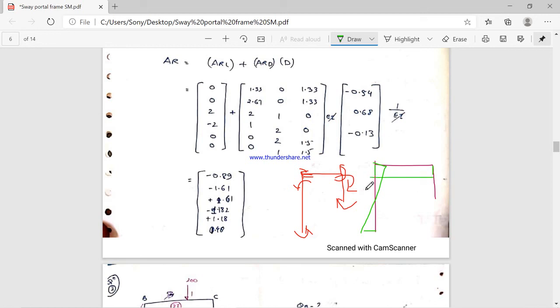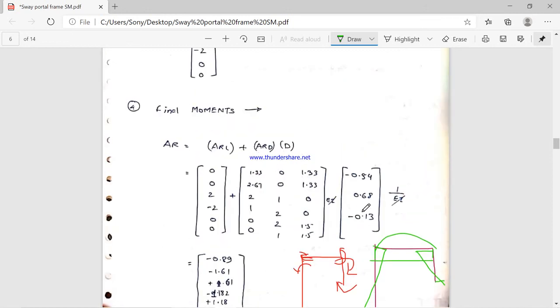The diagram will be like this, and the UDL moment WL square by 8 we have to calculate here. So the bending moment diagram will be like this. This is one typical example of a portal frame by the direct stiffness method.